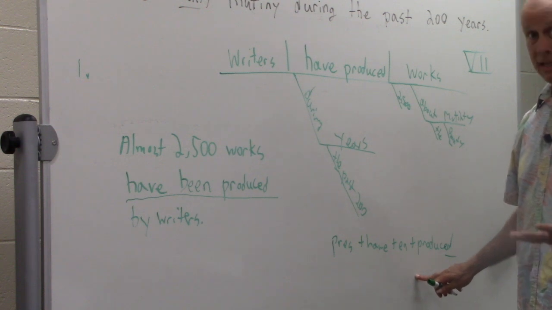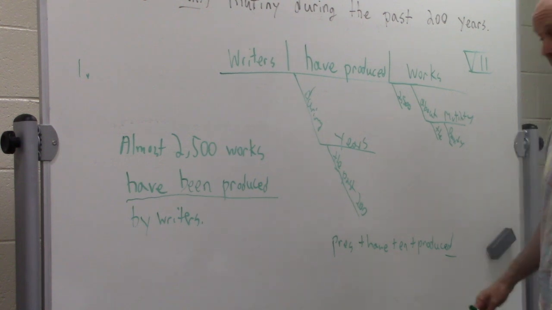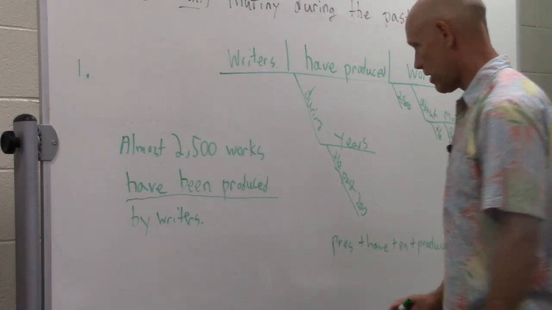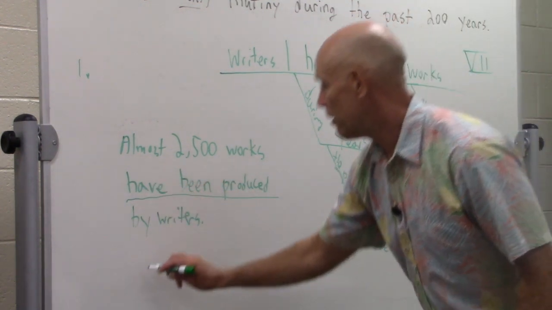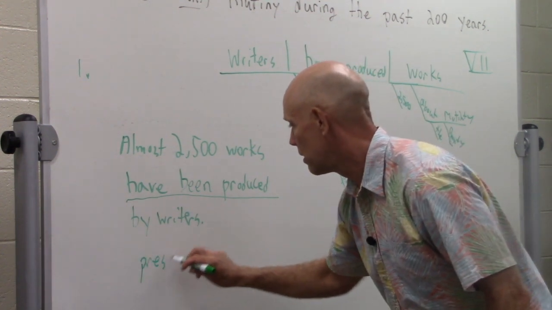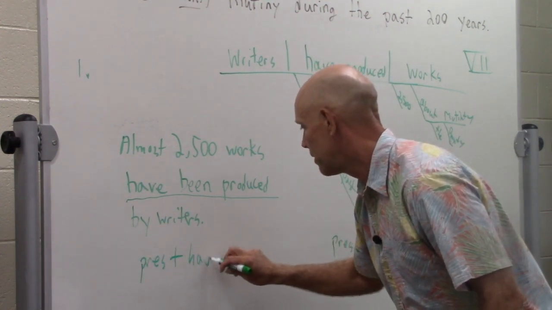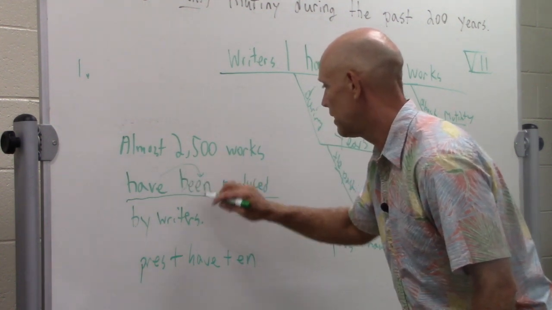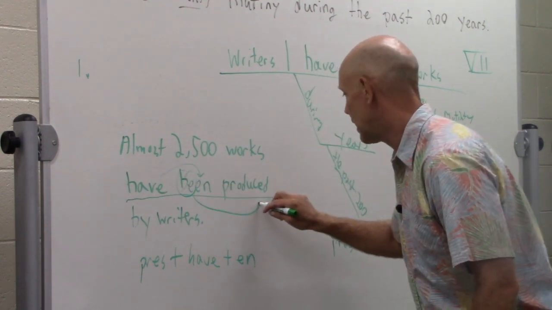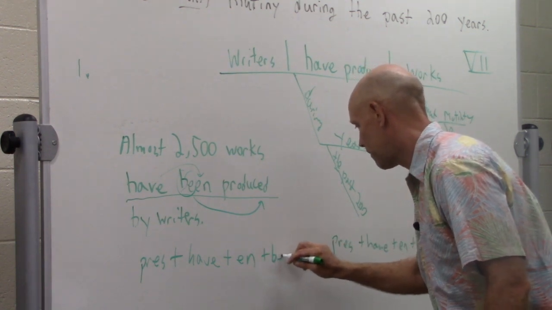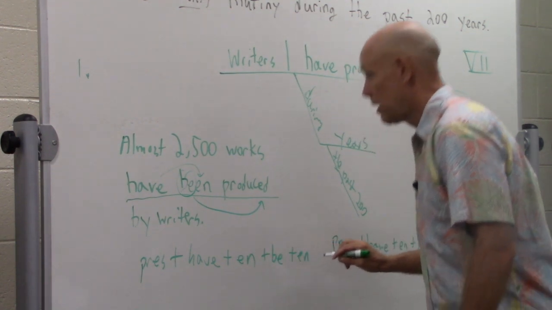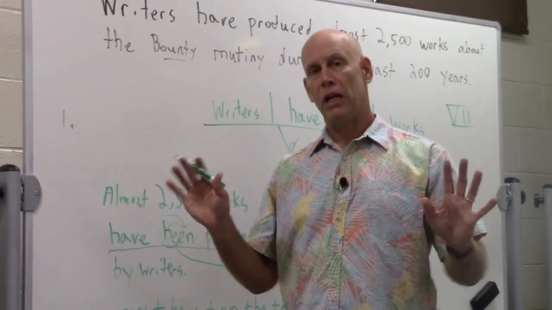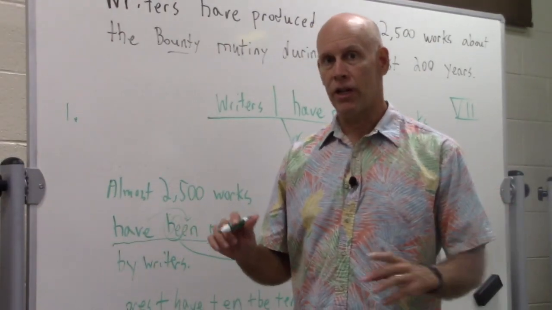Be plus en, right? Okay, and that's what we did here, right? We have present plus have plus en, which is this en, and then we added the be and that en. And now it's passive.